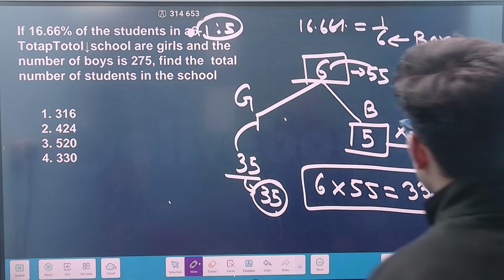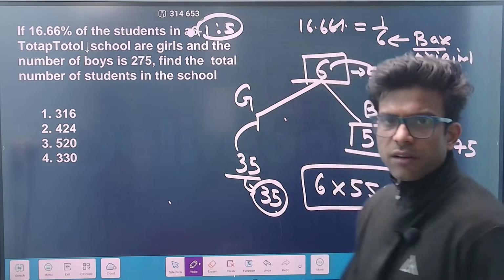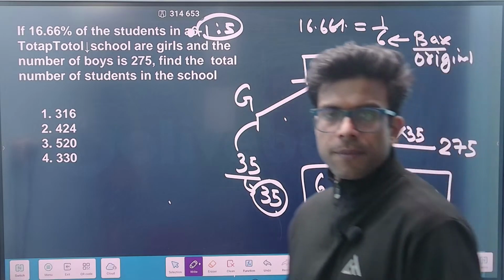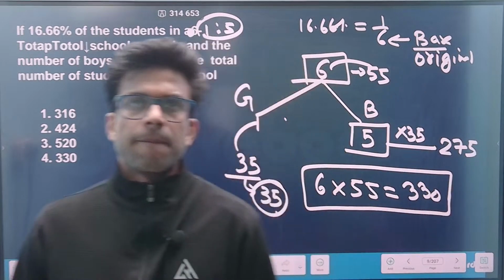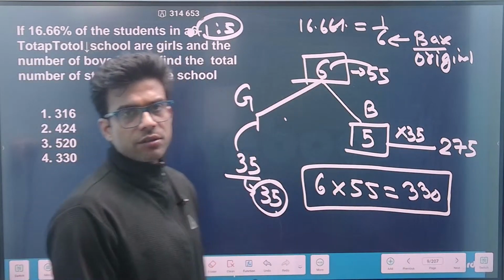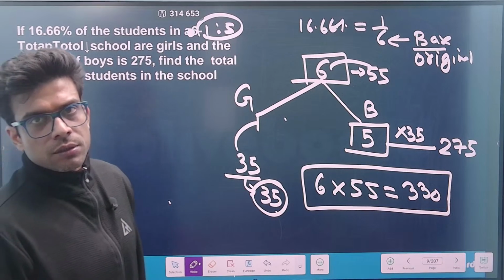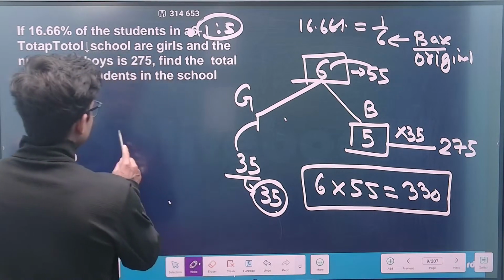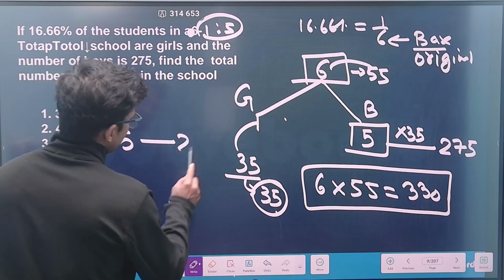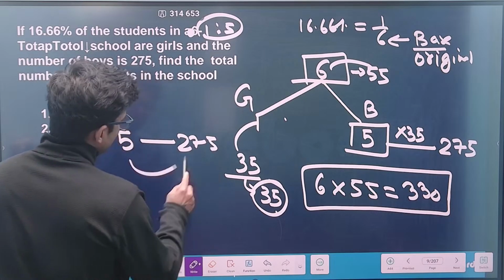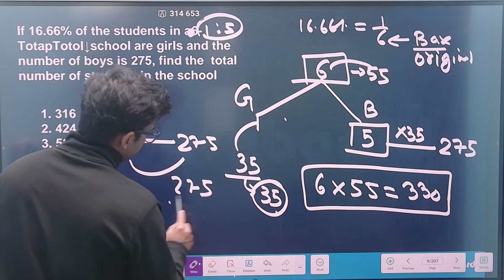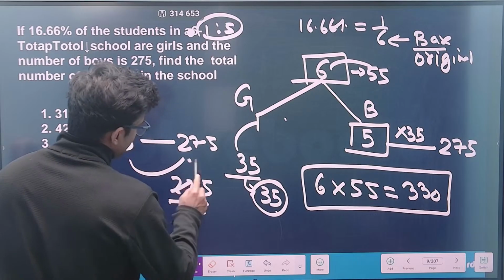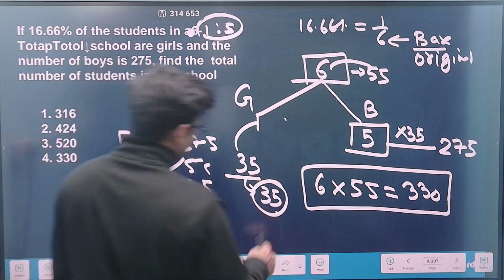Where have I mentioned it? Which part have I mentioned? Okay, sorry, my bad. So if 5 is equal to 275, then 1 would be equal to 275 by 5, na? So 5 5s are 25. Oh, it would be 55. Sorry, my bad.